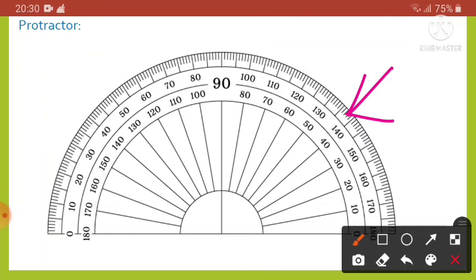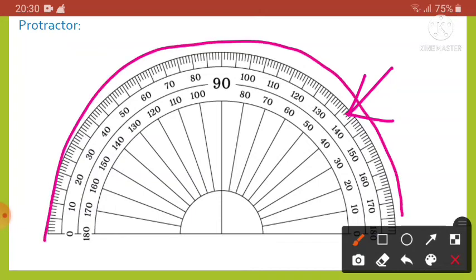An angle is measured with the help of a protractor. This figure is the figure of a protractor. A protractor has two scales. Angles from 0 to 180 are marked on both scales, and you can go from this end to this end.